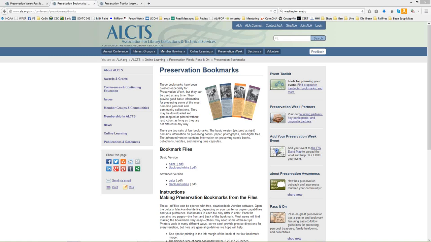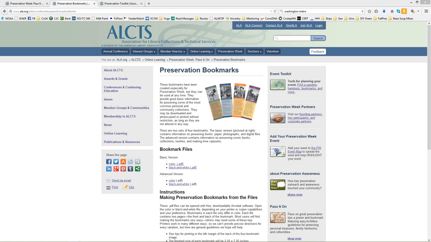So it might be a great way to expand on bringing in new images by targeting a different population than what you normally might have come in.